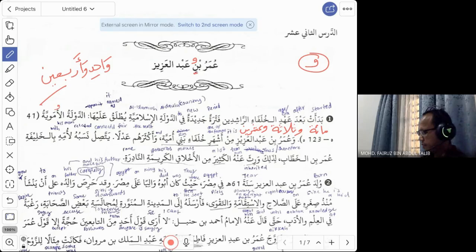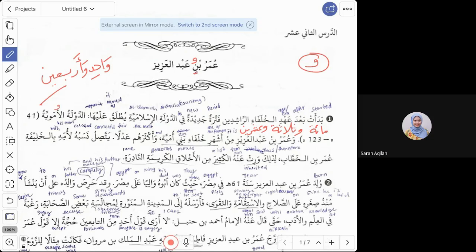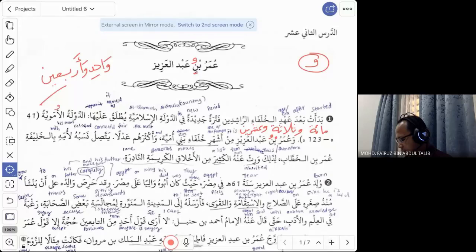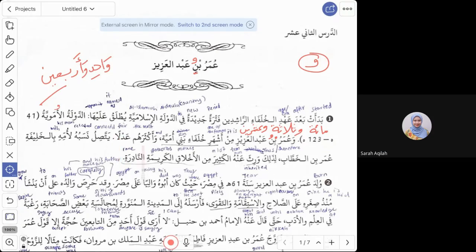Umaru ibnu Abdul Aziz min ashhari khulafa Bani Umayyah. Wa aksarahum adlan.